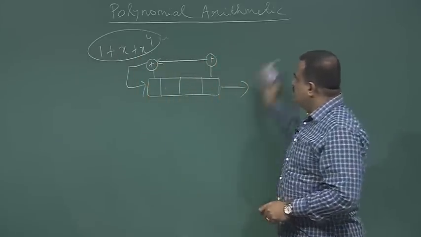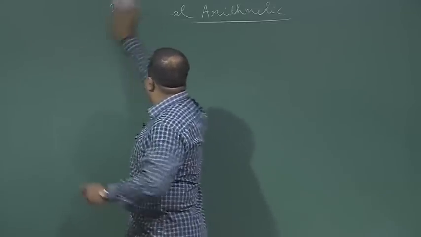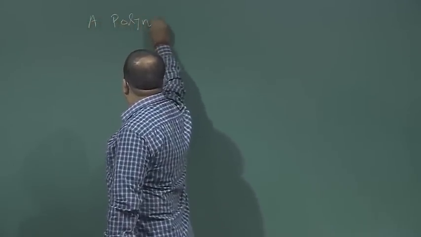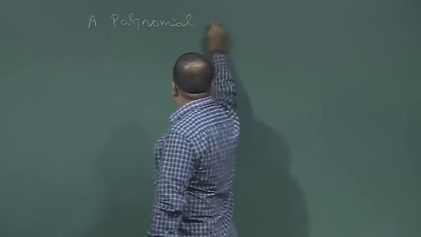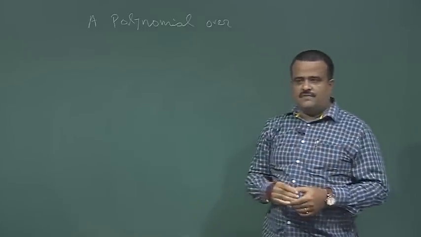So basically, what is a polynomial? A polynomial over an indeterminate x, where x is a variable.